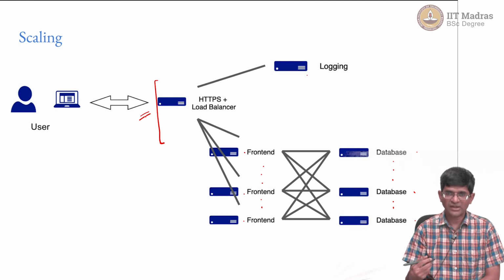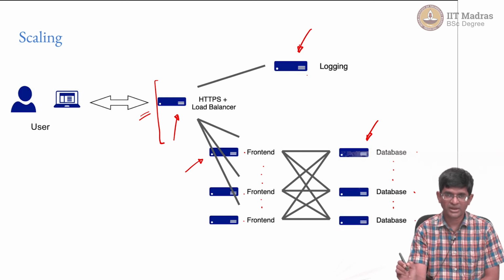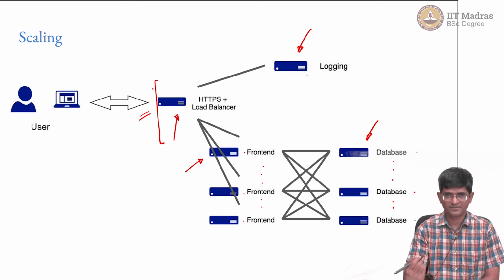And when you have a cloud-based infrastructure, the cloud provider will give you certain services. They will provide you with a load balancer, a mechanism for implementing front ends, mechanisms for implementing backends, and mechanisms for logging. Your app then needs to put all of those things together and come up with one coherent picture, which as far as the outside world is concerned just looks like a single server.